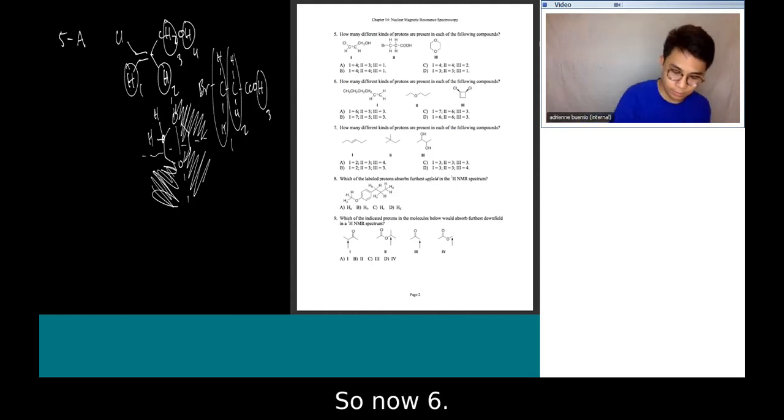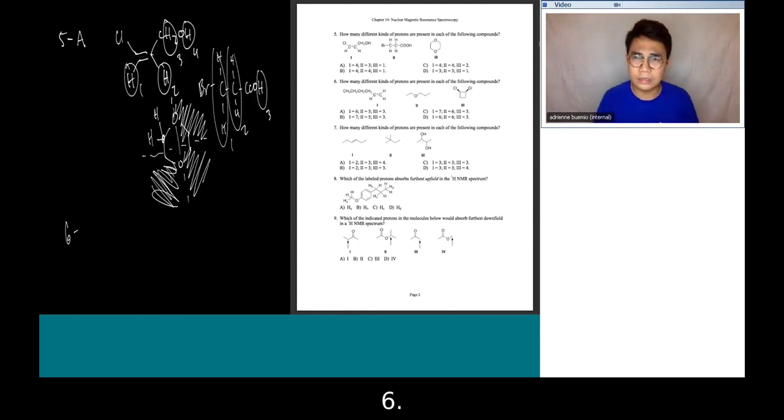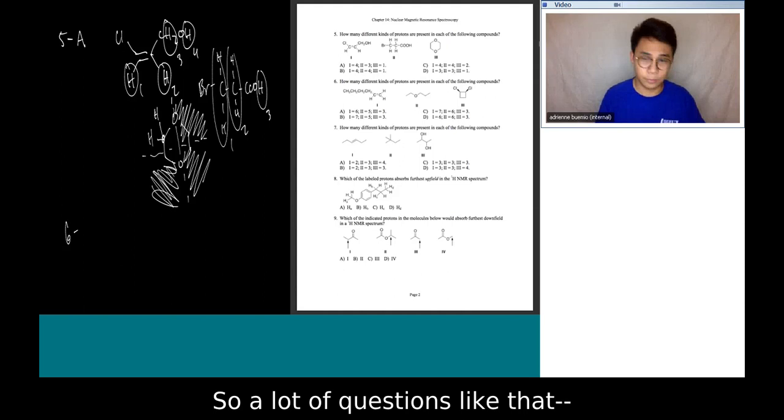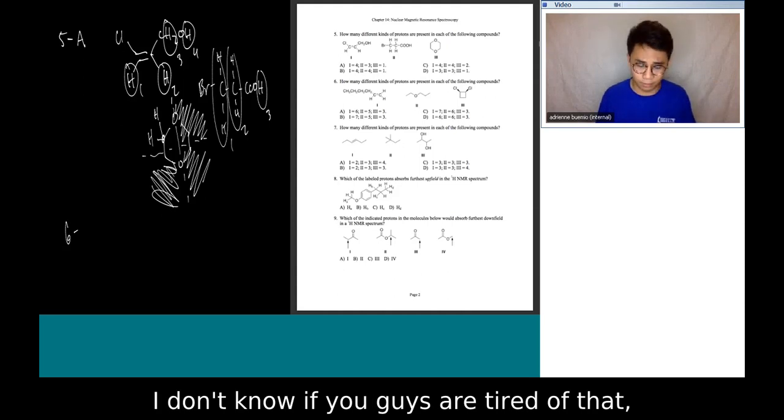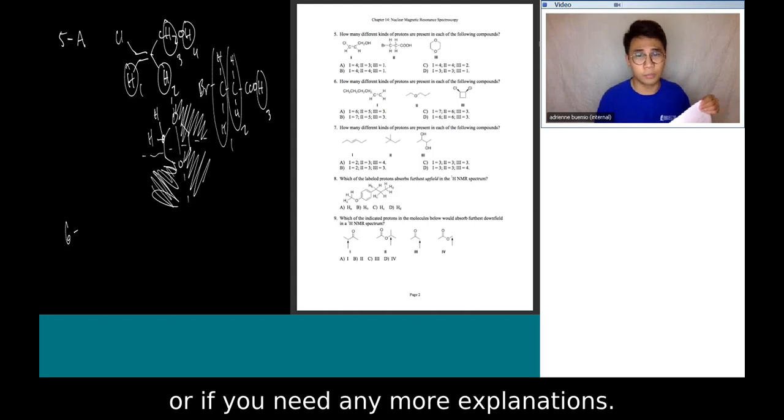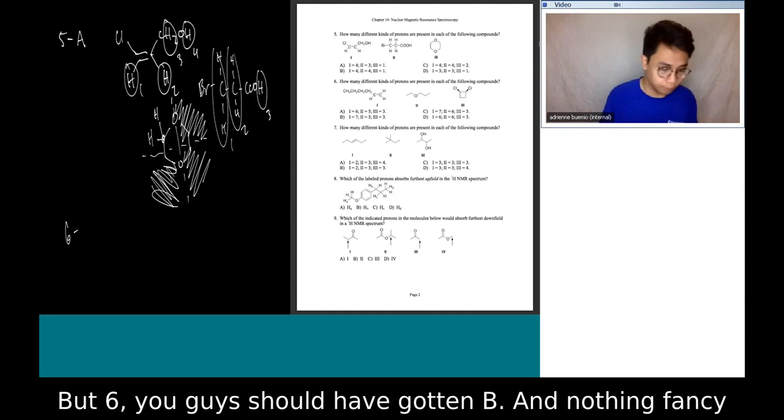Okay, so now 6. Again, how many different kinds of protons? A lot of questions like that. I don't know if you guys are tired of that, or if you need any more explanations. But for 6, you should have gone B, and nothing fancy here.